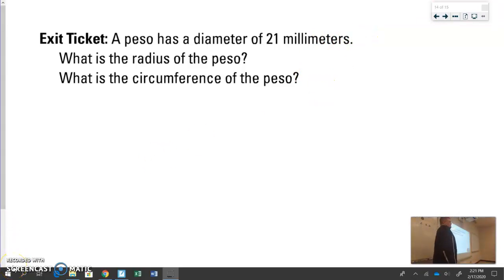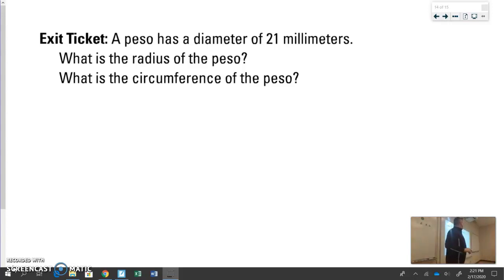Anybody think they got the radius? What do you got? 10.5 is correct. That would be millimeters. Anybody think they got the circumference? I got 65.94. 65.94 is also correct.